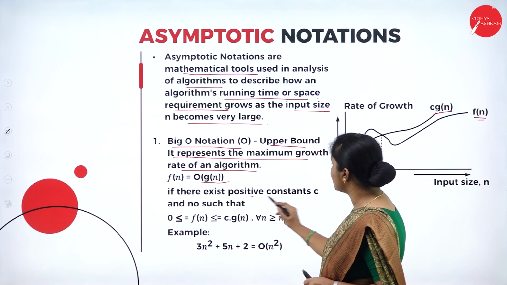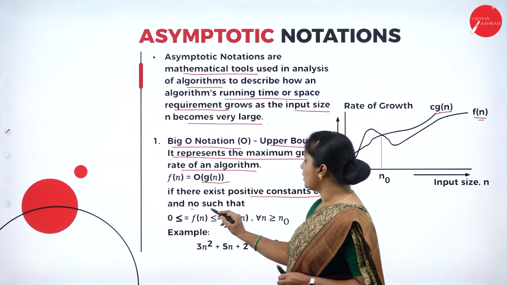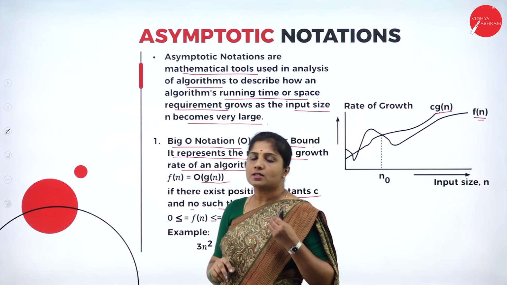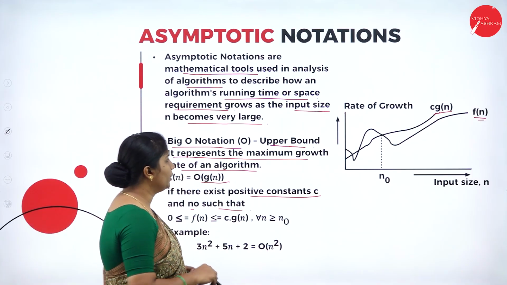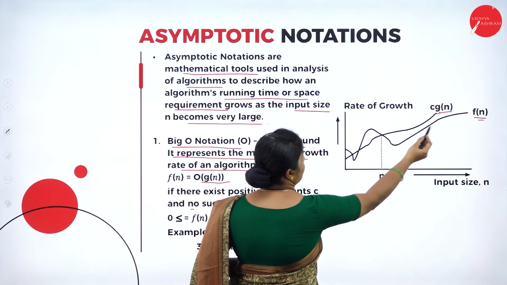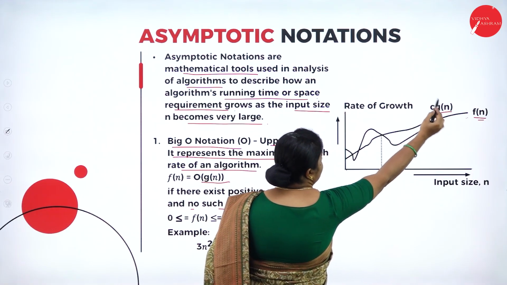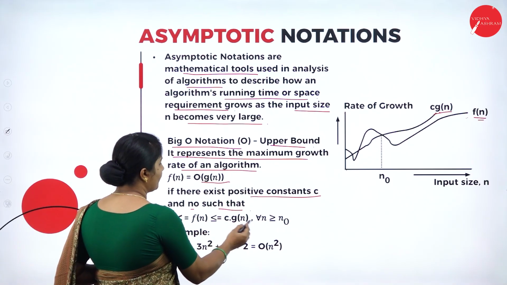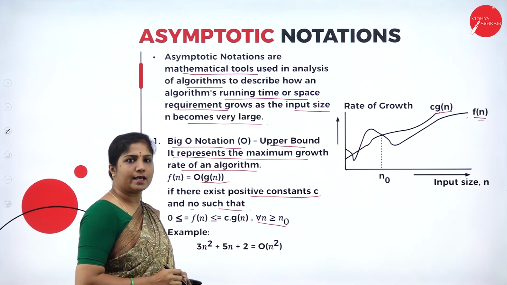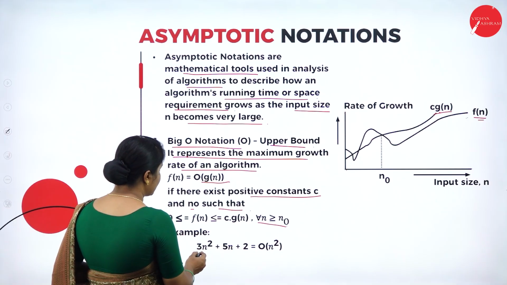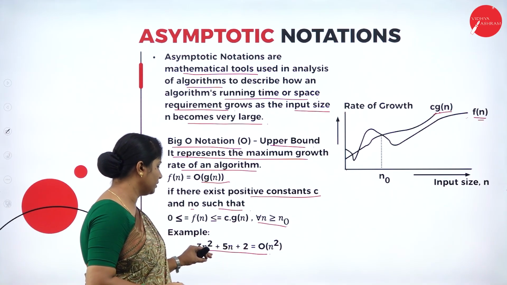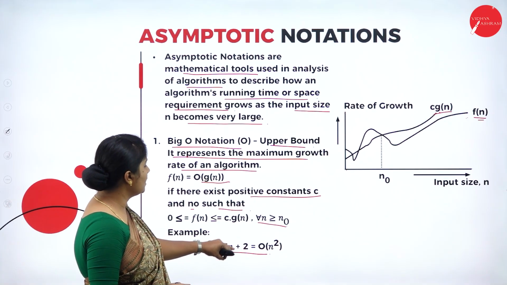if there exist a positive constant c and n naught such that 0 is less than or equal to f of n, which is less than or equal to c of g of n, for all n greater than or equal to n naught. For example, this is my equation: 3n square plus 5n plus 2.